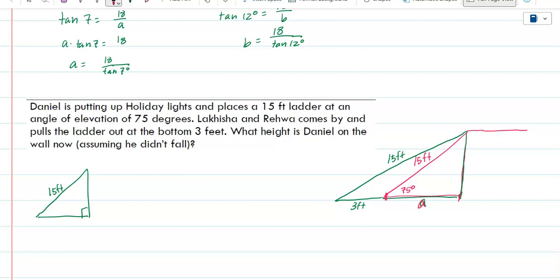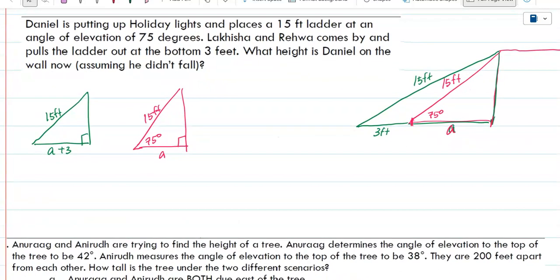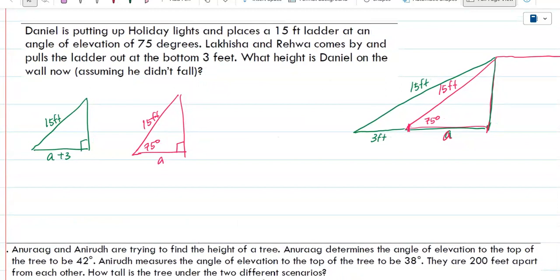So the bottom distance is going to be A plus 3. Now, the other triangle, they give you the angle of elevation, 15 feet. We have put a variable on that, and that's A. So let's go ahead and find A.